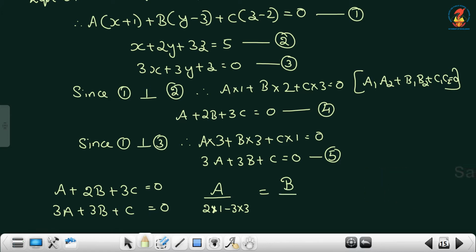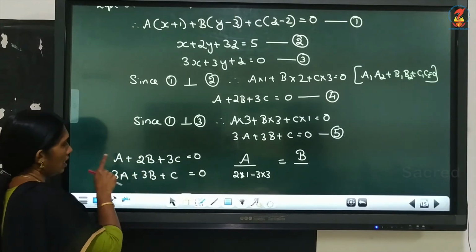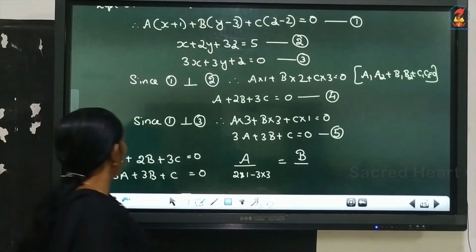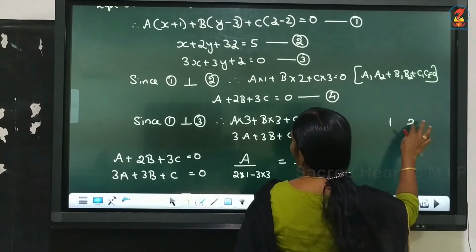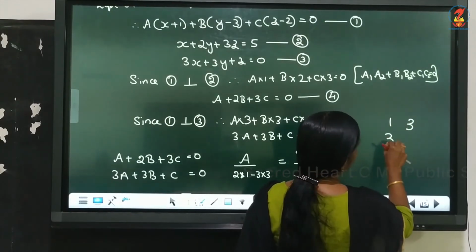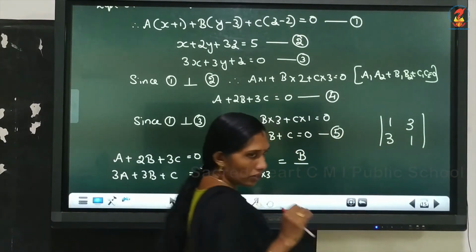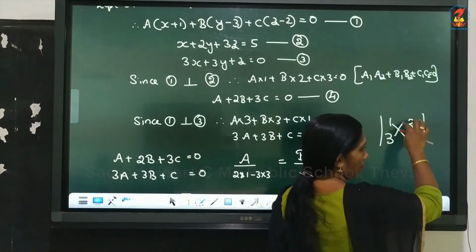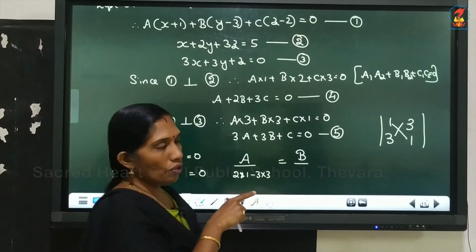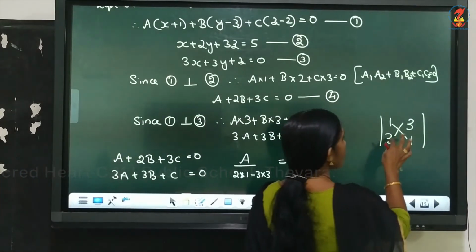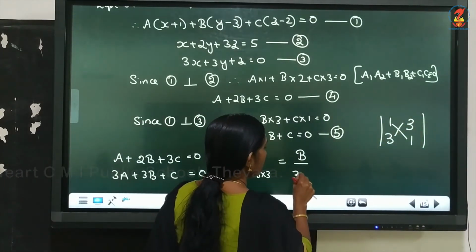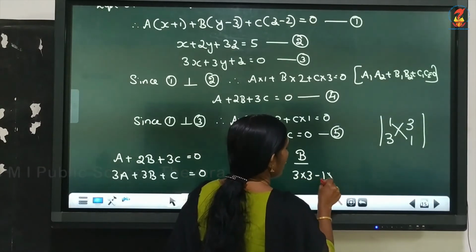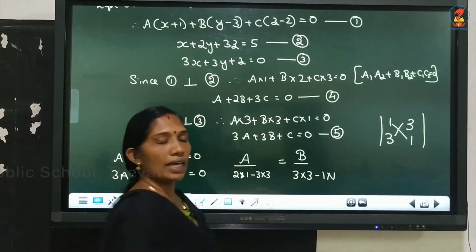Then here don't take this B portion. A and C you have to take, that coefficients are 1, 3 and 3, 1. Okay. Then cross multiply, but usually we cross multiply like this, but this is second, so you have to do it in the reverse order. First you do 3 into 3 minus 1 into 1, or you can put a minus sign like a determinant.